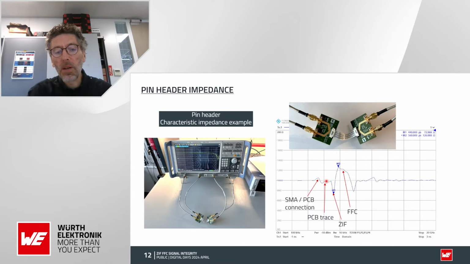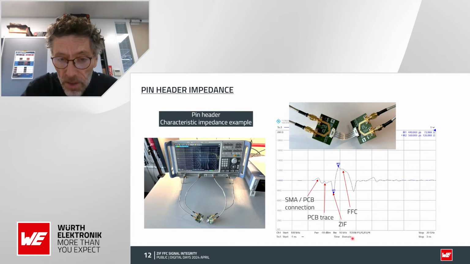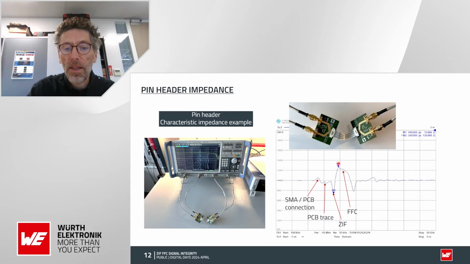And also here you have the PCB traces that are not purely 50 ohm, well 100 ohm in that case, due to the FR4, the glass fiber, and different parameters that you cannot avoid. But here only you have the ZIF impedance, and here the FFC characteristic impedance.